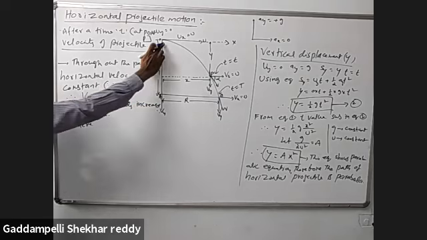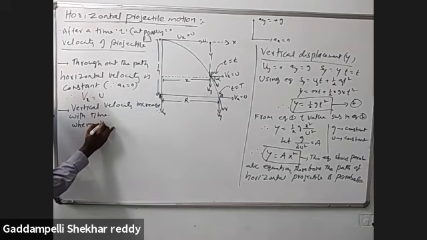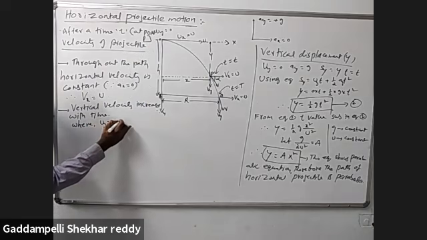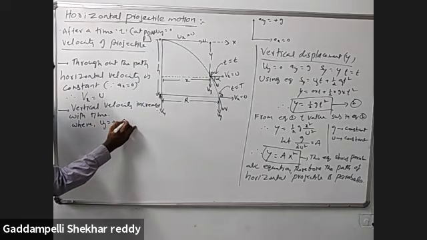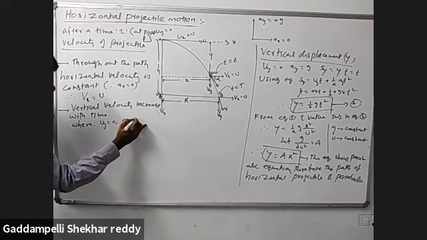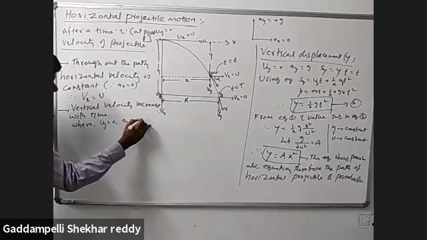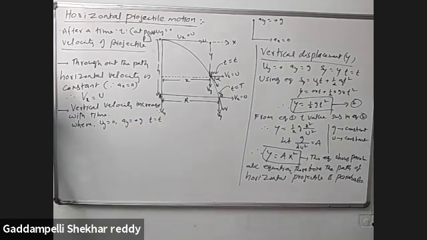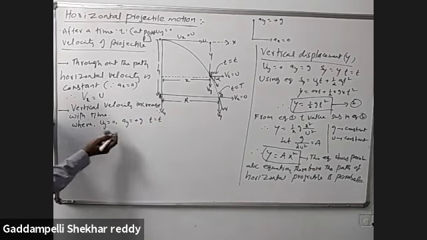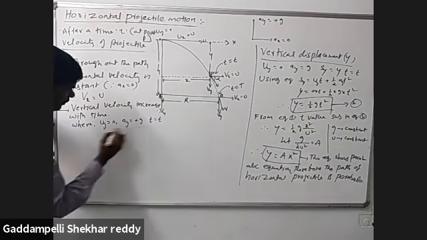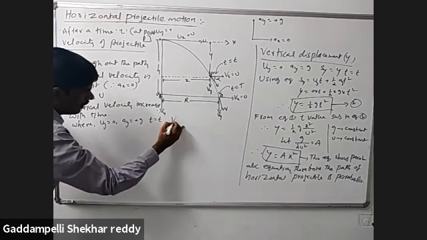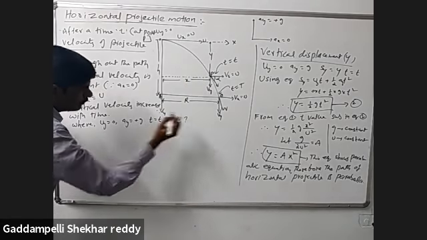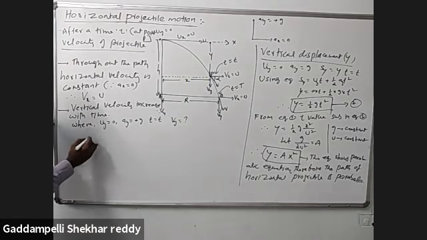The starting vertical velocity, how much? That means the initial vertical velocity Uy is equal to 0, and ay is equal to g. Let the time required to reach the point be t. So here, what is the final velocity? We are asking the final velocity Vy is equal to question mark at point P.